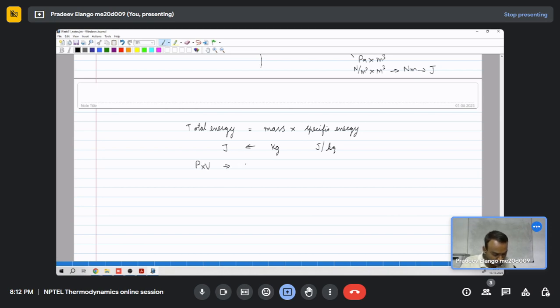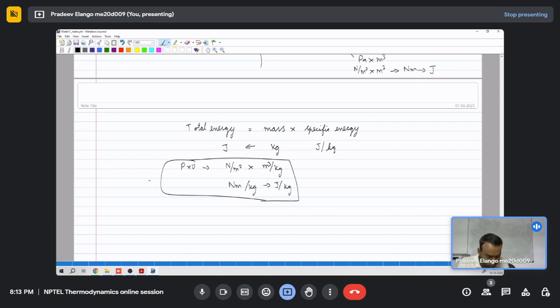If you multiply pressure with specific volume, then pressure will be Newton per meter square, and volume will be meter cube per kilogram. This will be Newton meter per kilogram or joules per kilogram. So this is equivalent to a specific energy. To find the total energy, again we have to multiply with mass.